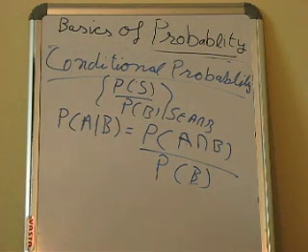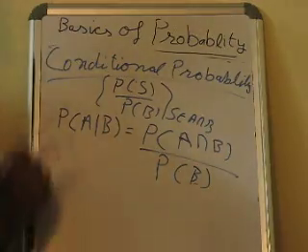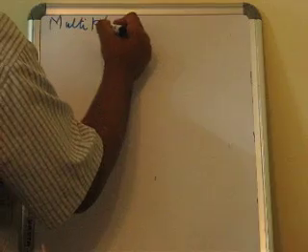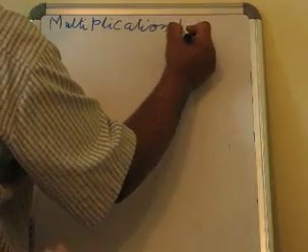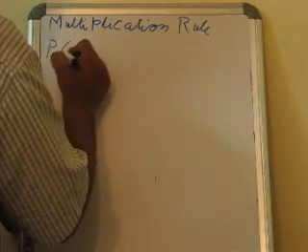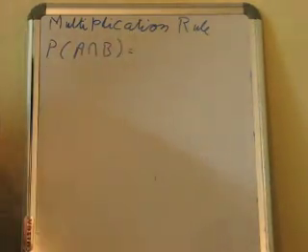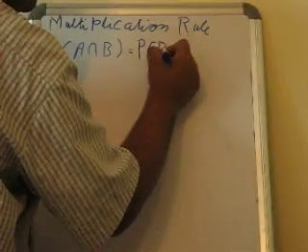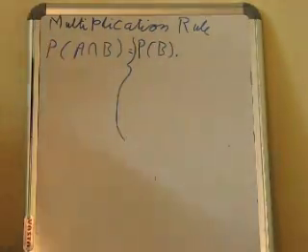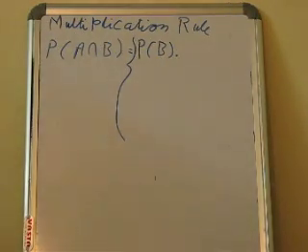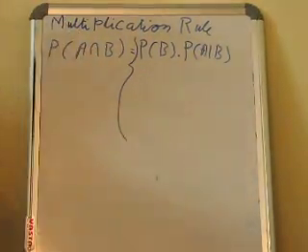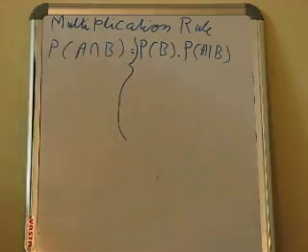Now there is one multiplication rule used for A intersection B. The probability of A intersection B is defined by the probability of B times the probability of A when B has already occurred, provided the probability of B is not equal to 0.